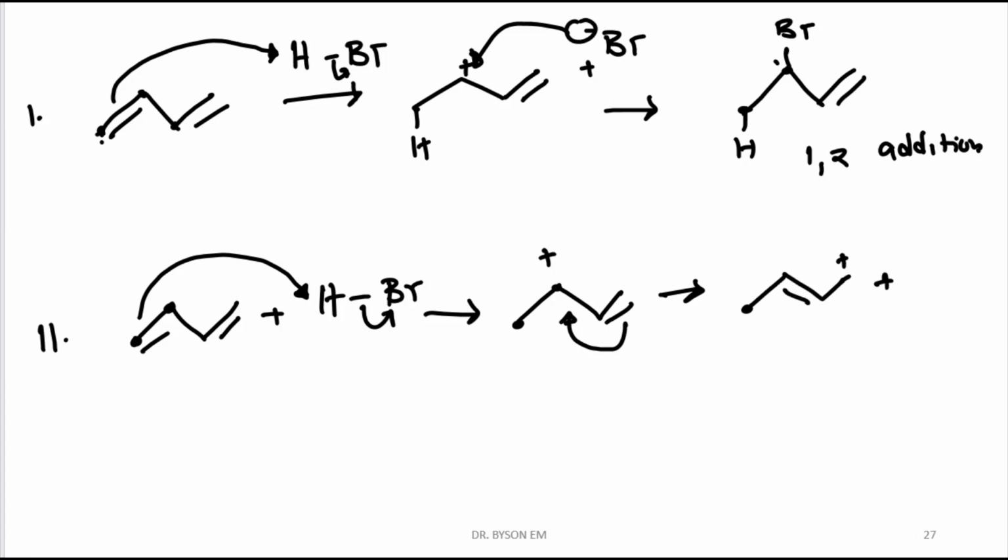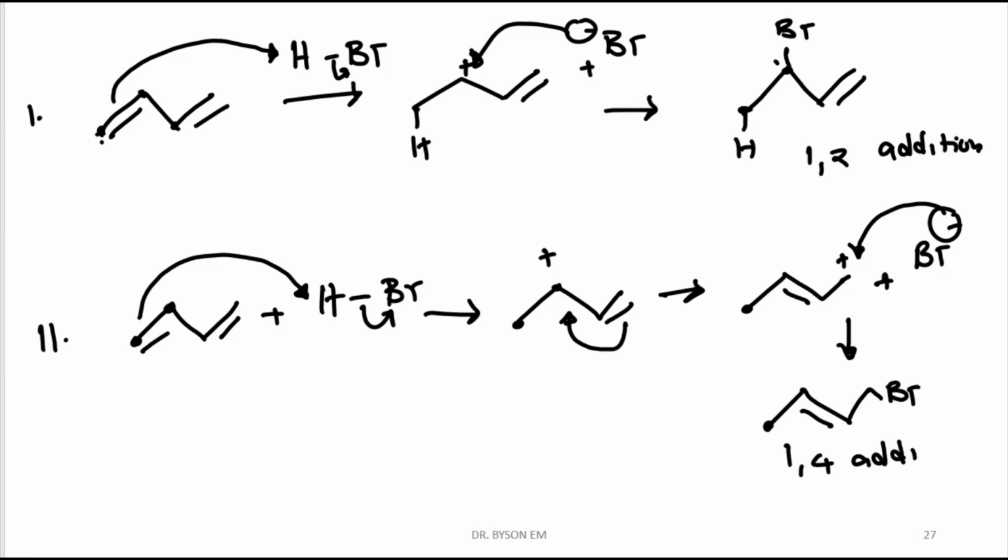The positive charge changes there, and the bromine comes and attaches there. So the product becomes like that. So this is a 1,4 addition. So now they're saying that the 1,2 is faster, but the 1,4 is more stable. What is the reason?